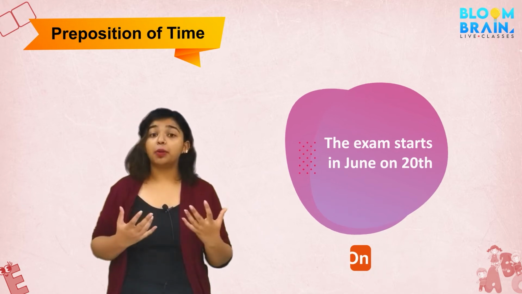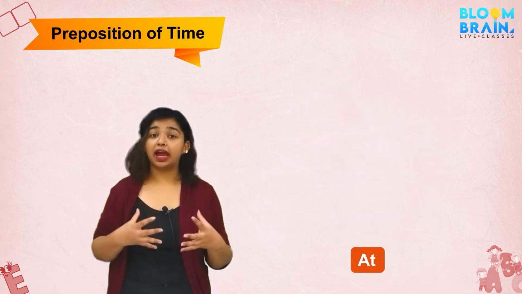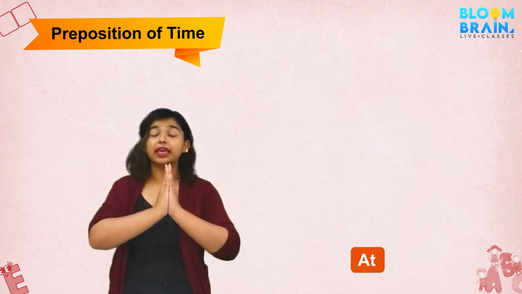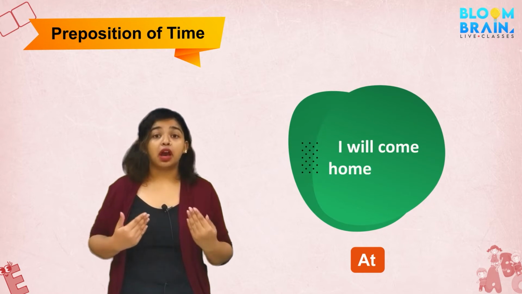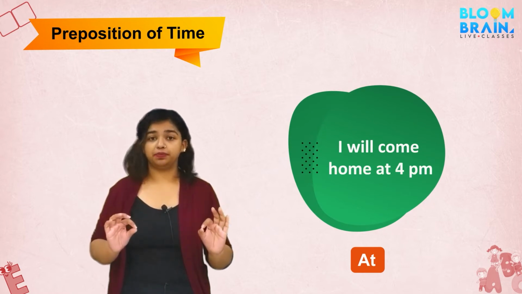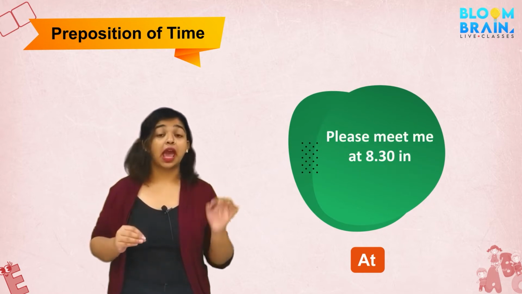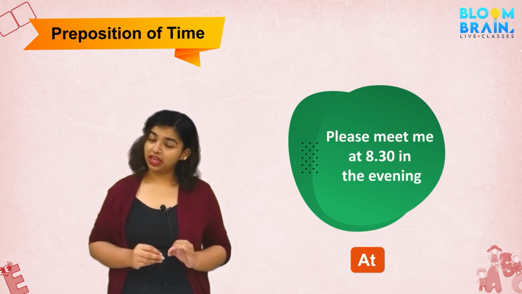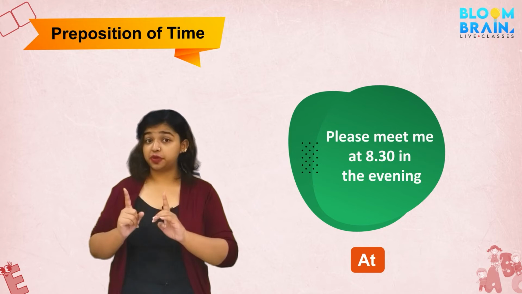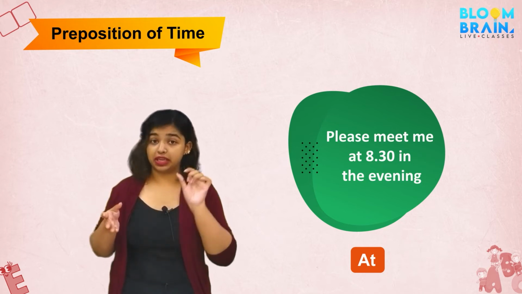Then we come to at. At we use for exact time. So I will come home at 4 p.m. Please meet me at 8:30 in the evening. Here I used another preposition, in the evening, in.